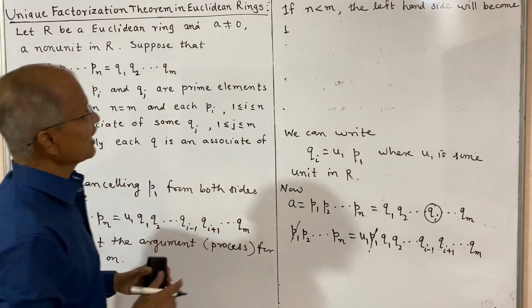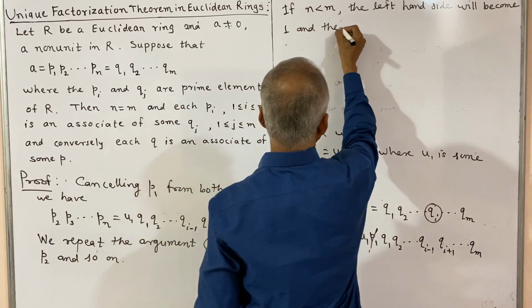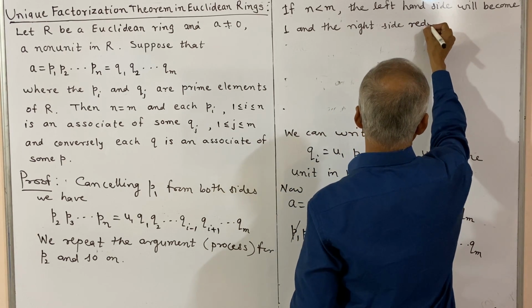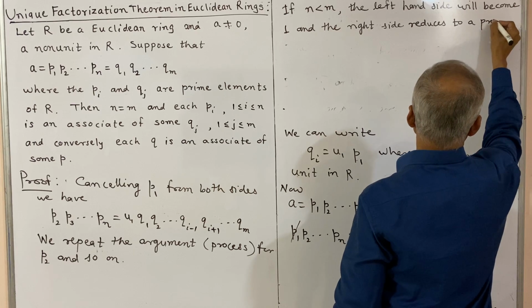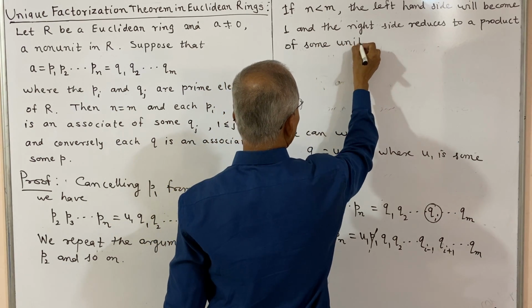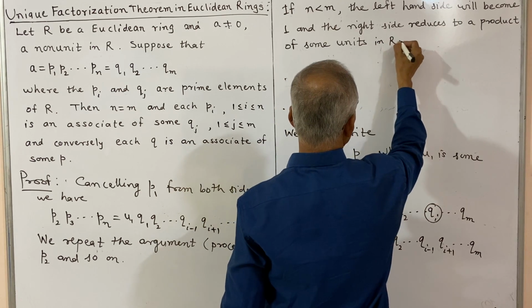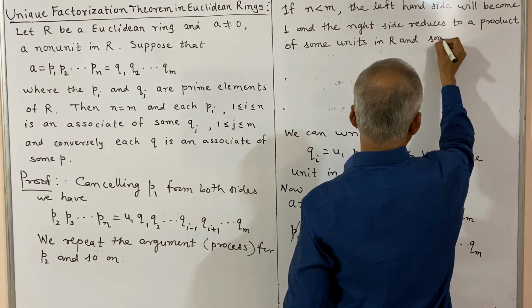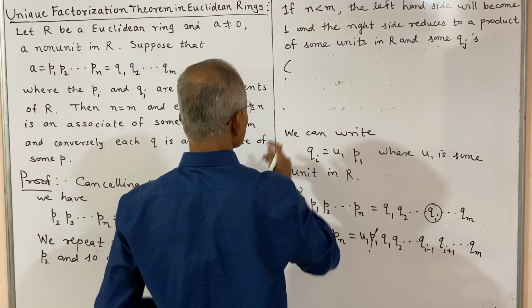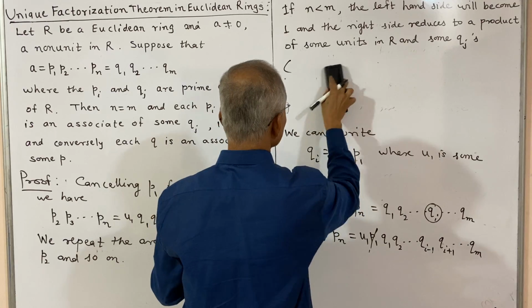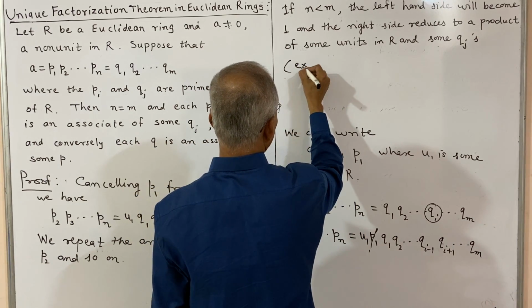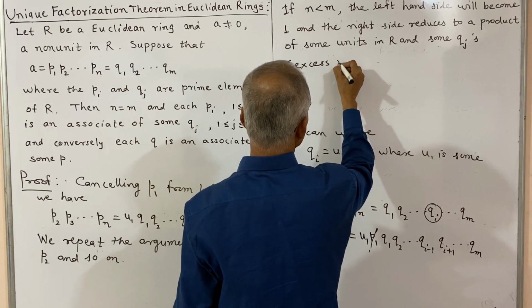The right side reduces to a product of some units in R and some Qj's, the excess of m over n.